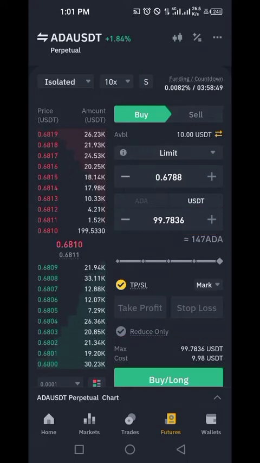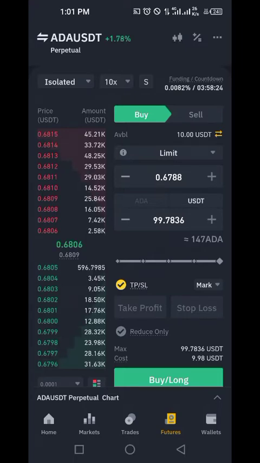So if there is a movement in the market now, let's say the market moves 10%, instead of seeing 10% of $10, which is my capital, which is $1, I'll be seeing $10, because my position is 100 USDT, even though what it cost me was $10.